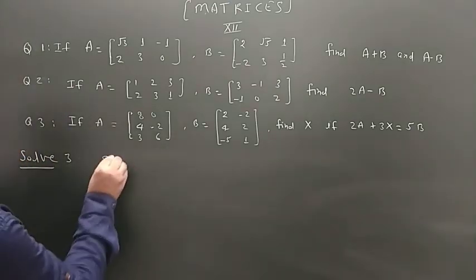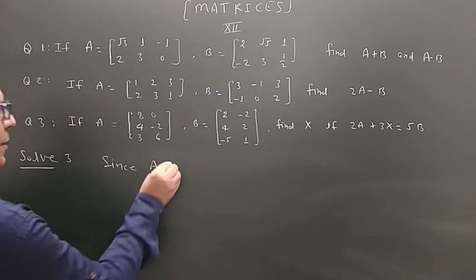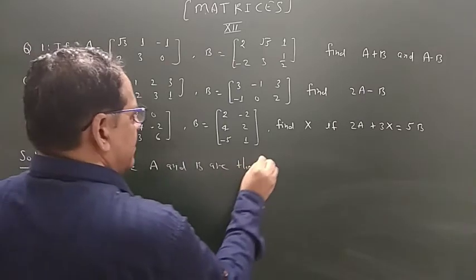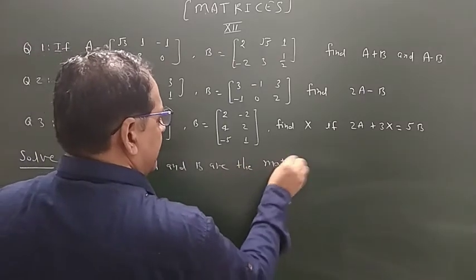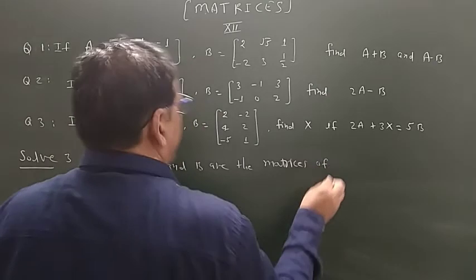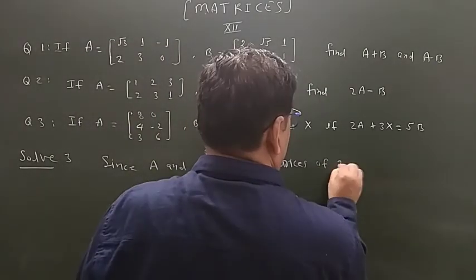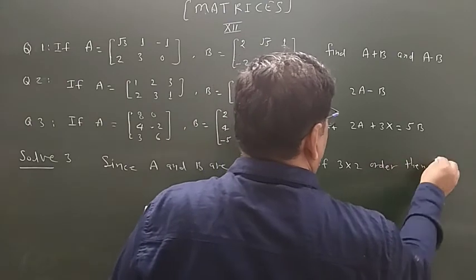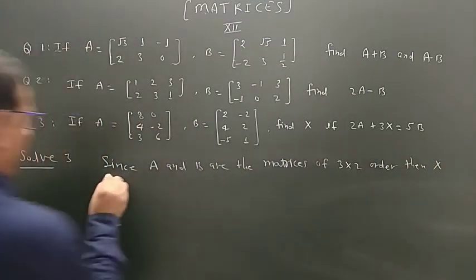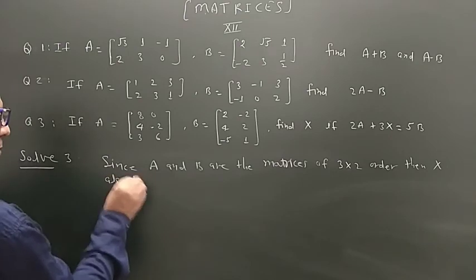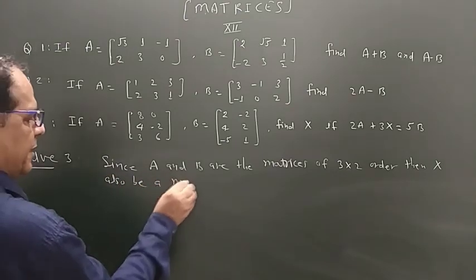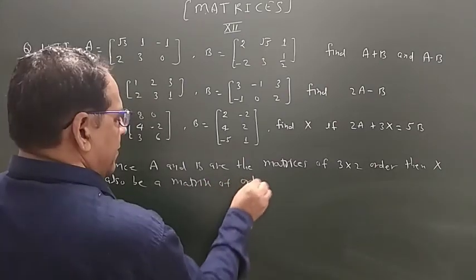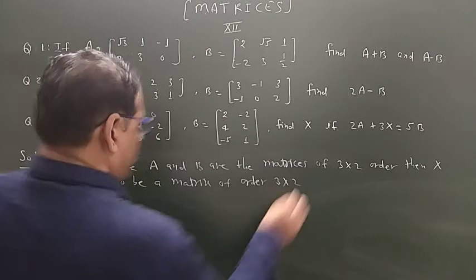Since A and B are matrices of order 3 by 2, then X also must be a matrix of order 3 by 2.